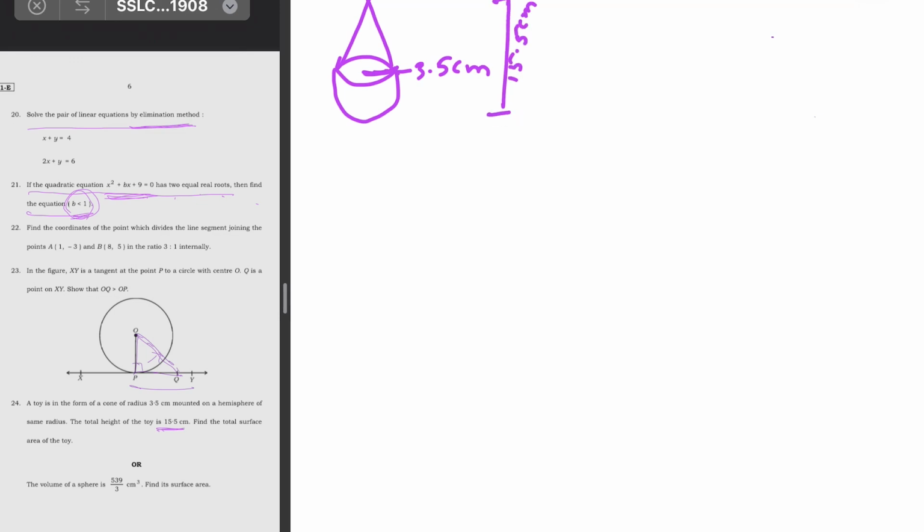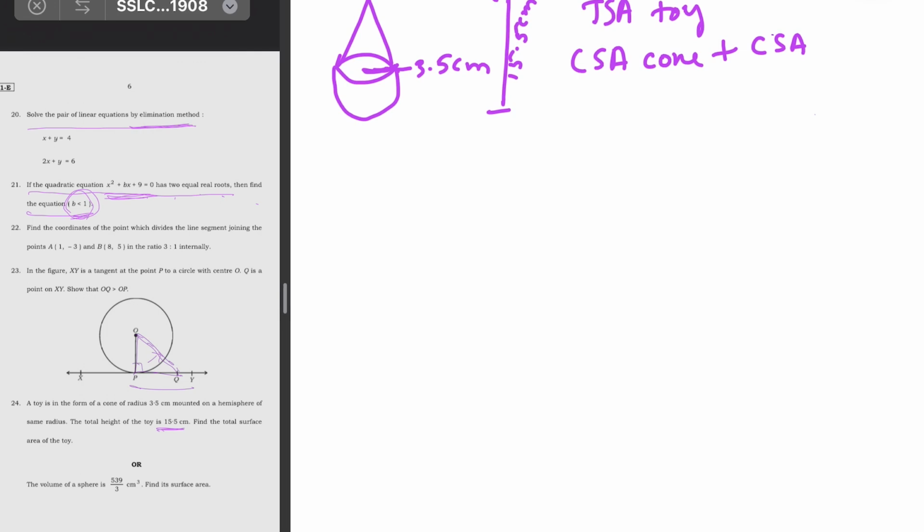You have to find the total surface area of the toy. What is the total surface area of the toy? It is curved surface area of the cone plus curved surface area of the hemisphere. It is as simple as that.